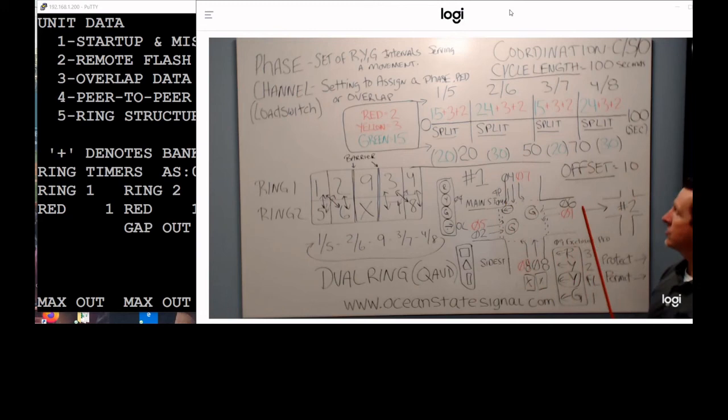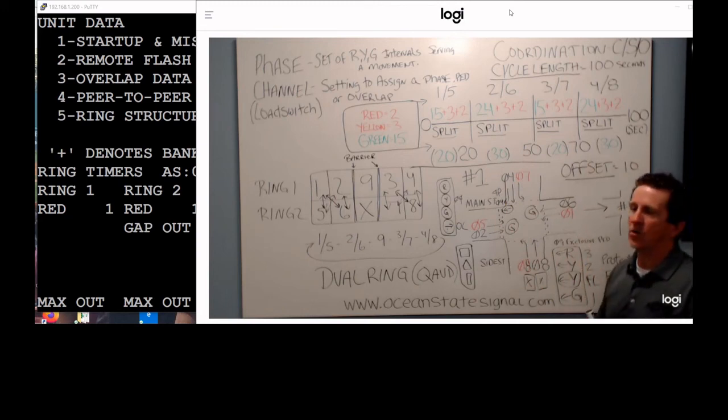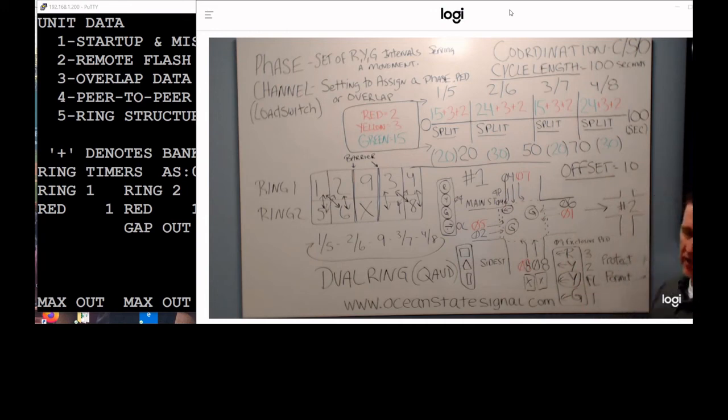And commonly you'll see in the controller, it'll say C/S/O. So cycle, split and offset. Sometimes you'll see dial, split and offset. So dial, but it's the same thing as cycle. So I'm going to make this a very basic coordination class.